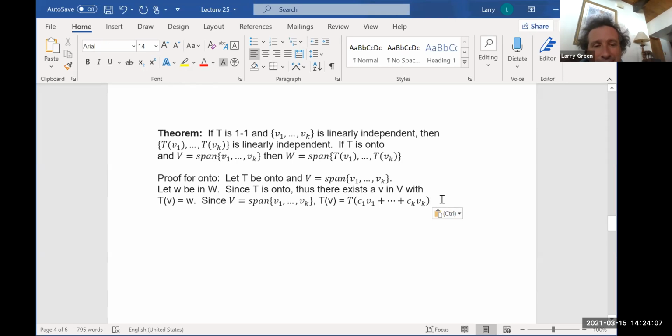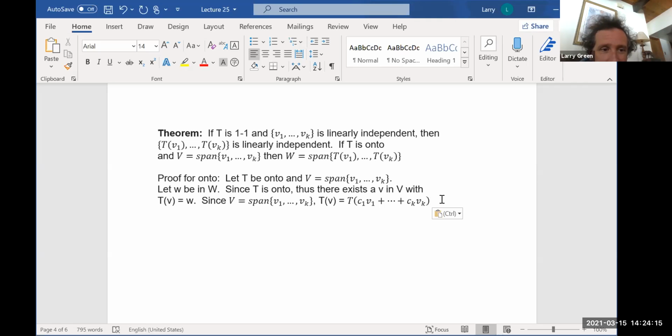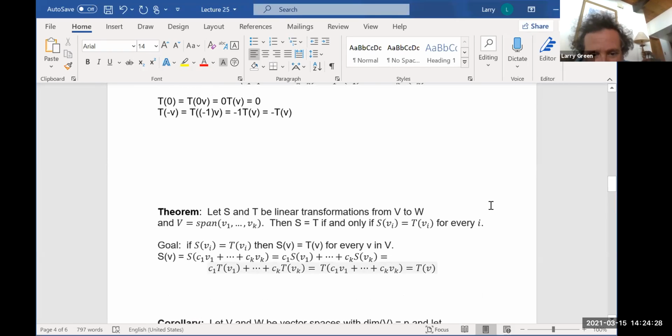Now what can I do? We've done this before. Pull out the constants and split the pluses. Yep. And by the way, this was W, was T of V. So I can pull out the constants and split the pluses, which I think I did up here, so I don't have to retype.